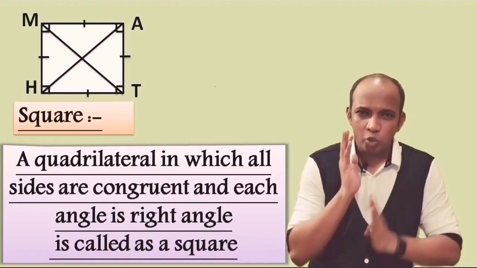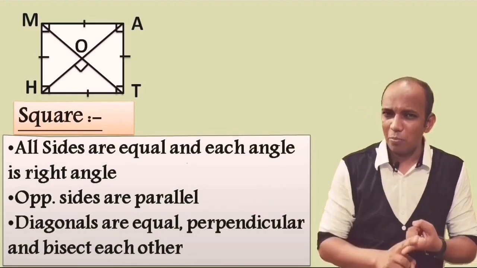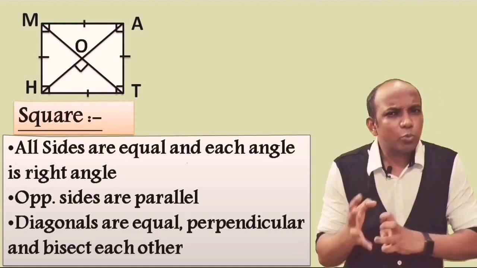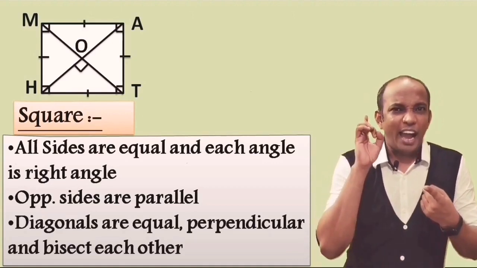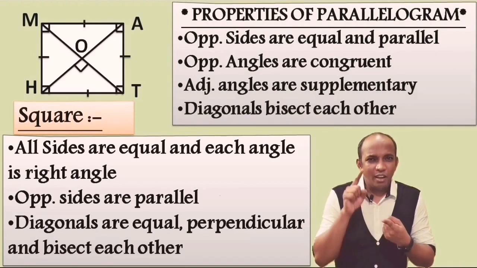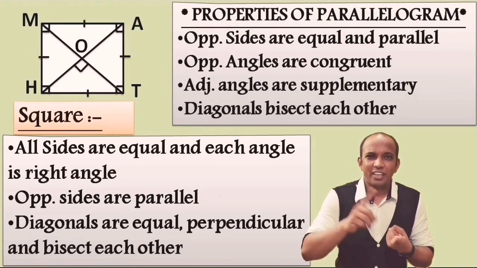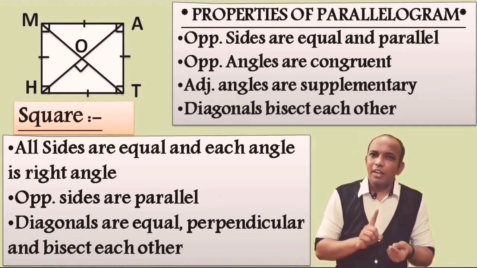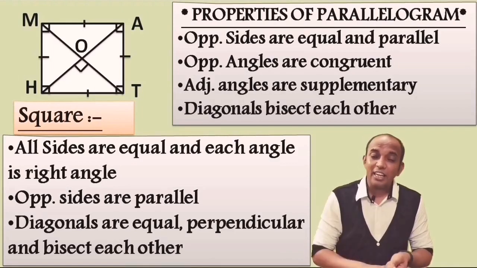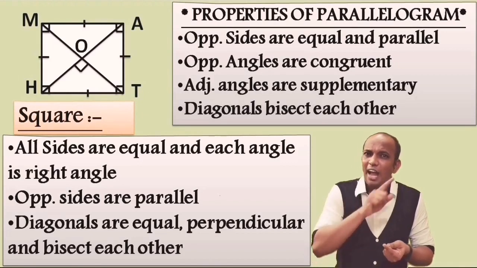If you observe the properties of the square, you will come to know that each and every property of rectangle, rhombus and the parallelogram is present in the square. So which are those properties? As every side is equal, that is a property of rhombus. As every side is equal, opposite sides are also equal, that is the property of rectangle and the parallelogram, correct? In a square every angle is equal, that is each angle is 90 degrees. If each angle is 90 degrees, the property of rectangle comes over here.